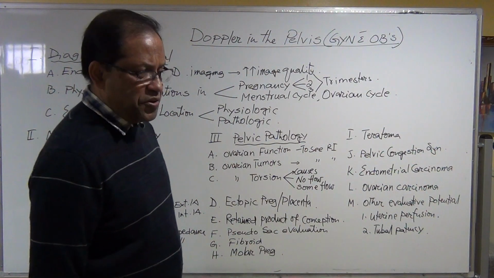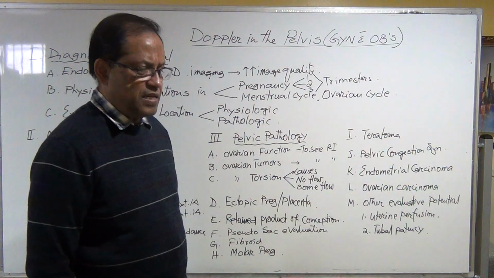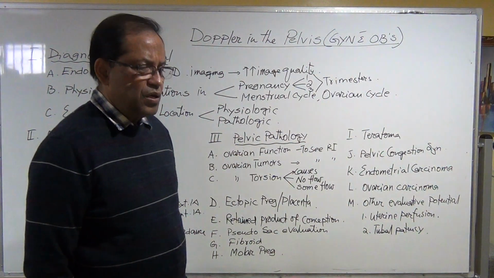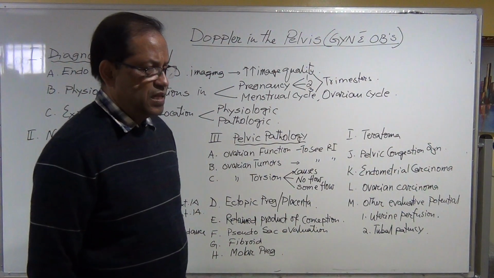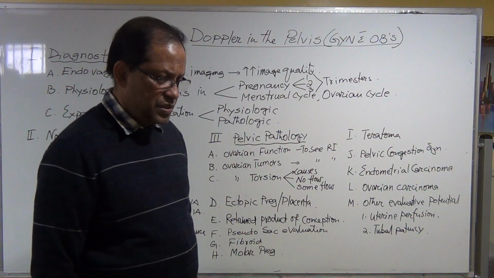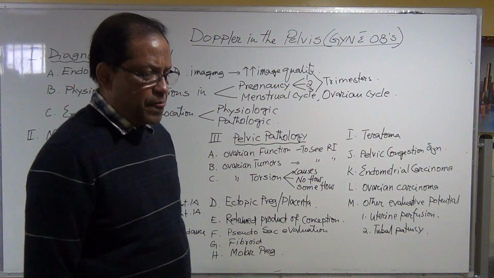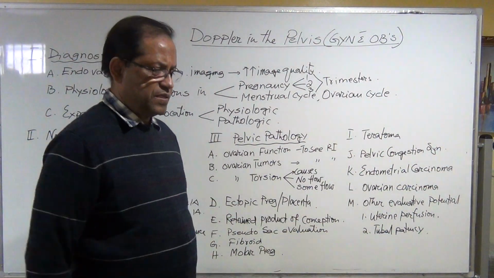Check the uterine artery, the arcuate artery and the radial artery. How? Do it transvaginally. You can see the arteries supplying the uterus, and do the Doppler and get the resistivity index.